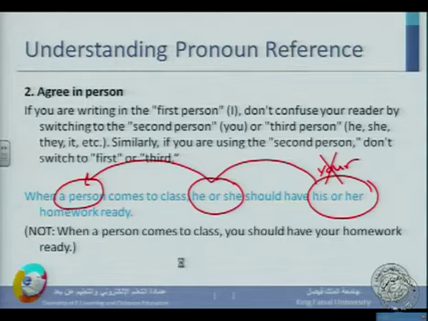The pronouns should agree in person. فإذا استخدمت he or she خلاص بنكتب his and her, his or her, مش their أو your.